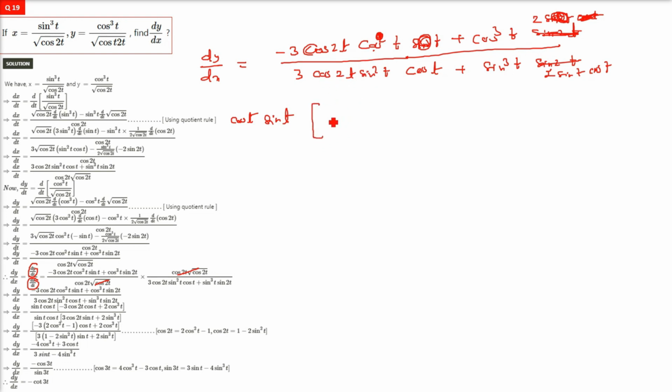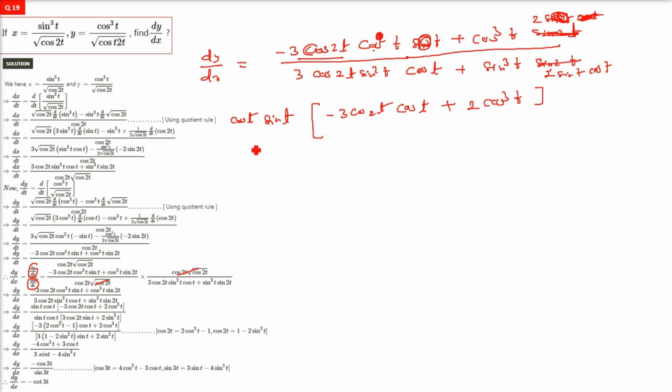Inside this we will have this minus 3 cos 2t and cos t. And then we have, since plus 2 cos, already we have this taken, so cos cube t.